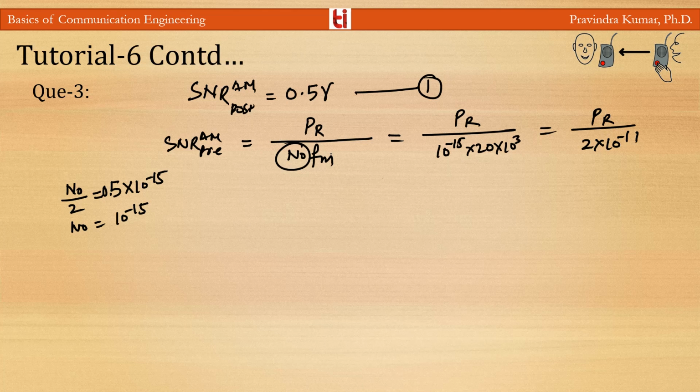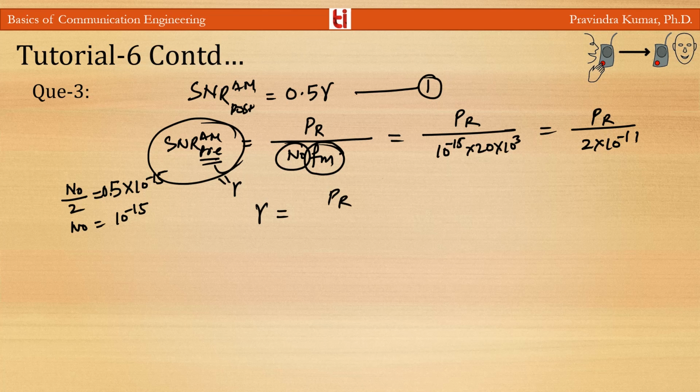And here we have considered the noise for the message. So this SNR can be considered as the reference SNR, the pre-SNR, and we know the reference SNR is gamma. So the value of gamma is PR by 2 into 10 to the power minus 11.